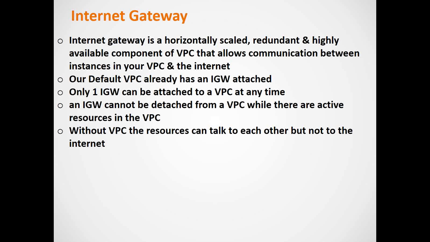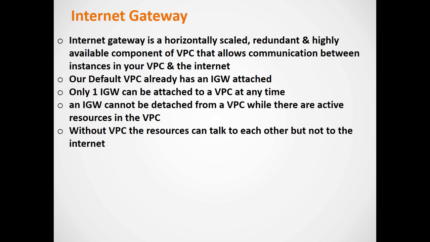Along with the default VPC, you will also get the internet gateway as a component attached to it, because this is not like setting up our home network, where you have to purchase everything or go to the internet service provider and ask them to give the modem. Here everything is available within AWS and everything is virtual.